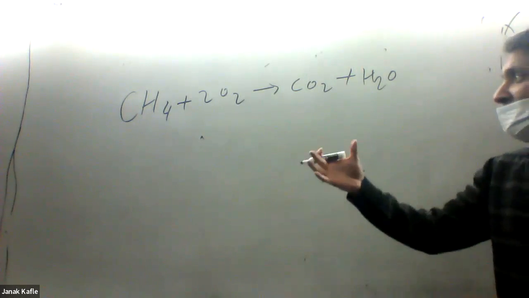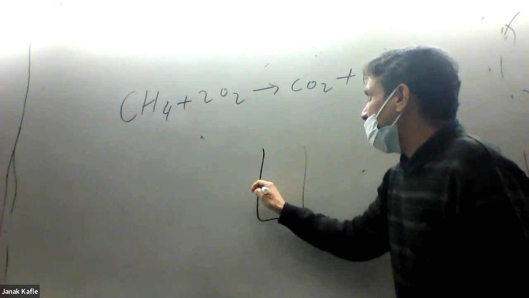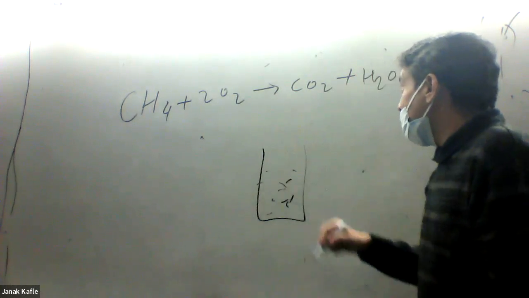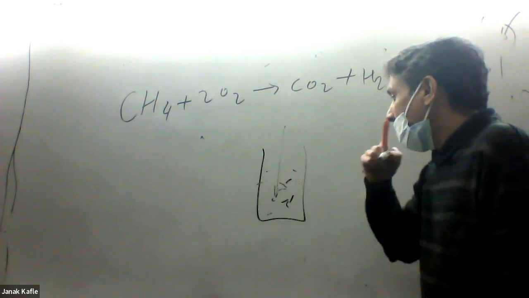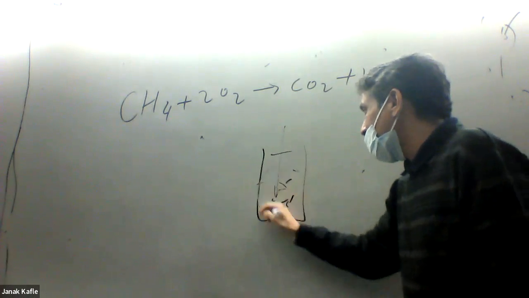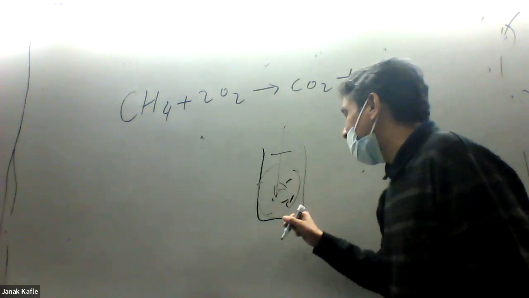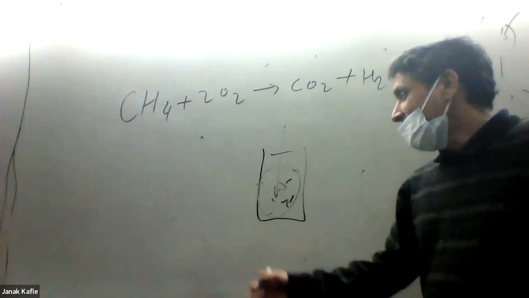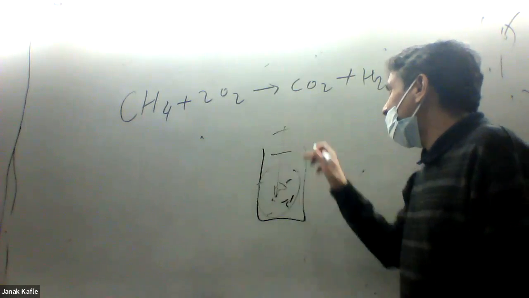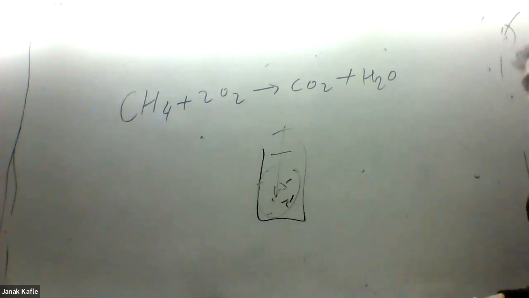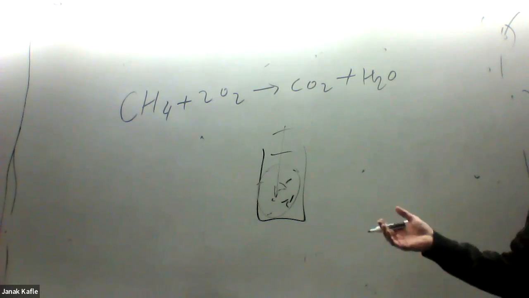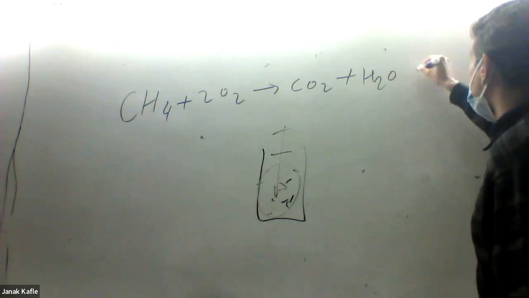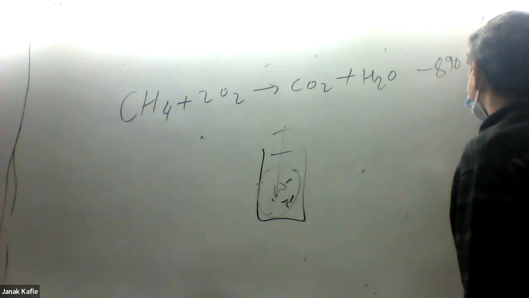Basically, I take a coffee cup calorimeter, put CH4 here, put oxygen here, put the thermometer, measure initial temperature, measure total mass, and then I burn it, fire it a little bit, and then measure the final temperature, and I use Q is equal to MC T2 minus T1, and I get the value minus 890 kilojoule per mole. Make sense?